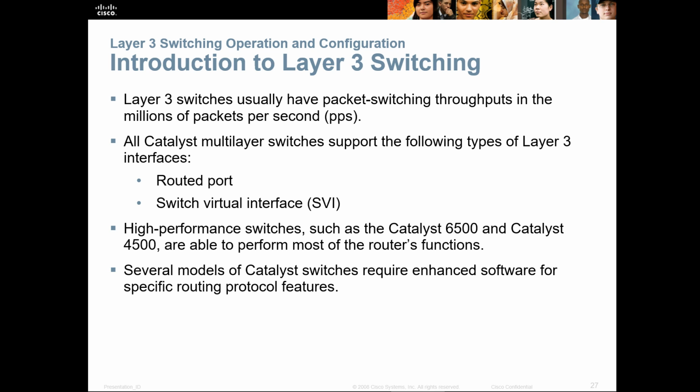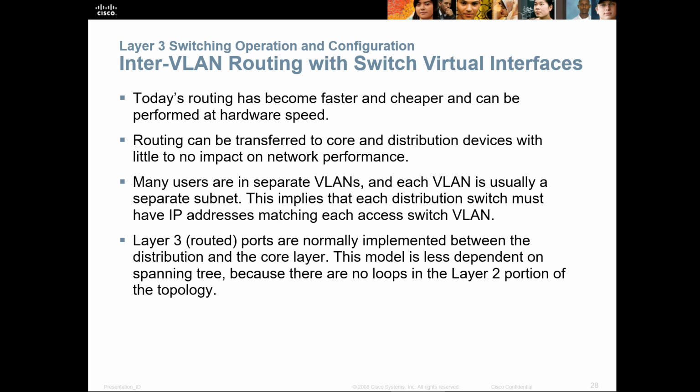These are all capable of acting like a layer 3 device. A Catalyst 6500, most people are not going to be able to get a hold of. They're fairly expensive. They're nice, but expensive. Several other models of Catalyst switches do have specific routing protocols. You just have to figure out which ones you have and if they support them.